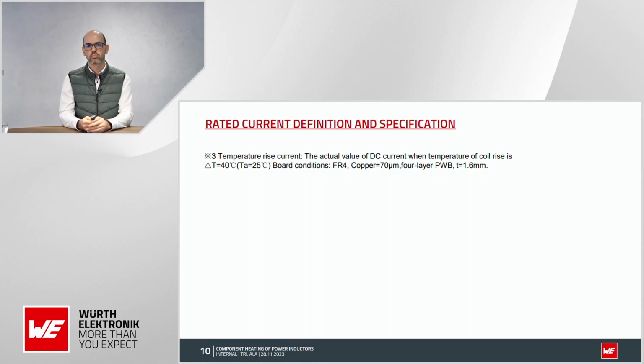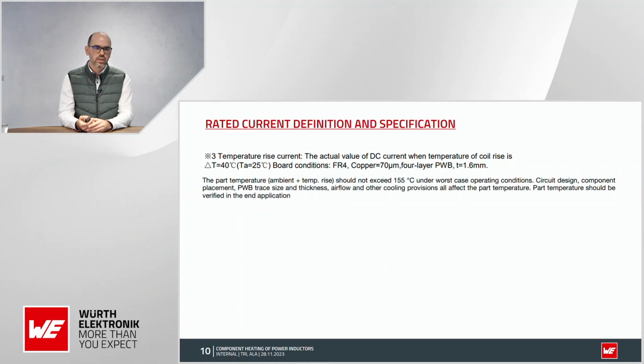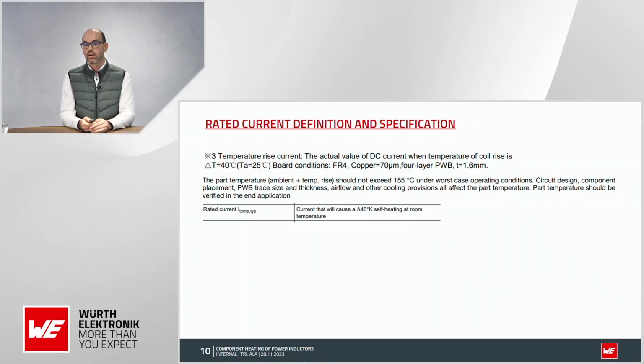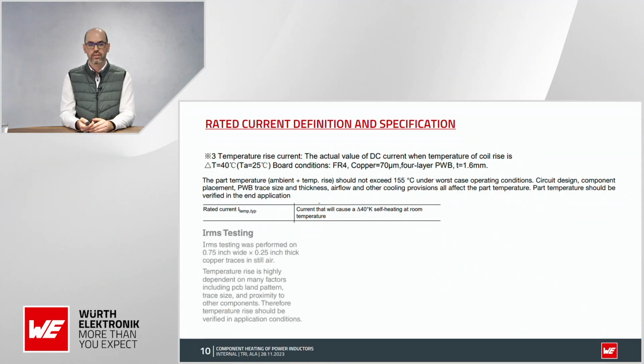So it is pretty well defined, but in 2 lines you cannot describe a complete setup well. In other cases it just says it's 155 degrees C under worst case conditions, but then in the next sentence it says it can be influenced by many things, so please recheck it in the end application. We also have pretty simple explanations where it just says 40K self-heating, and that's it. That's all of the definition we have here.